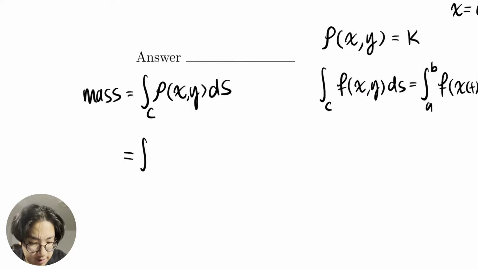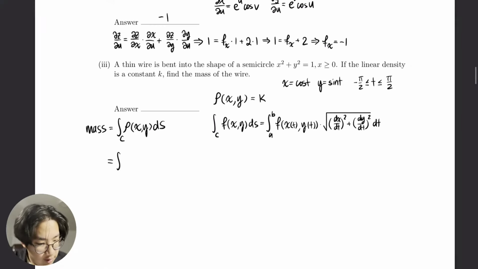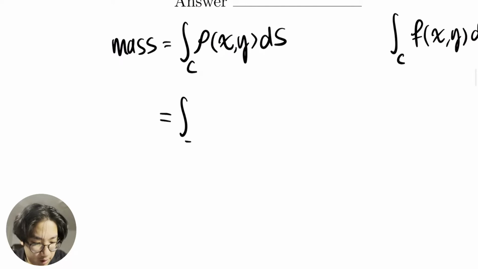Okay, so next we can actually evaluate this. This is now the integral between negative pi over 2 and pi over 2 of our function, which is just k.